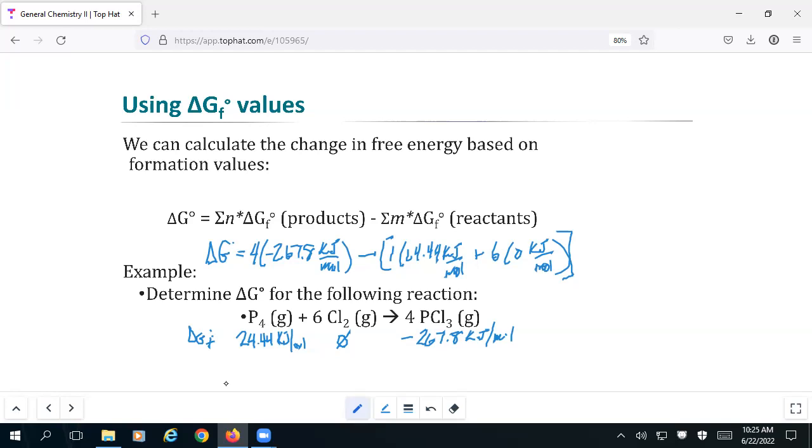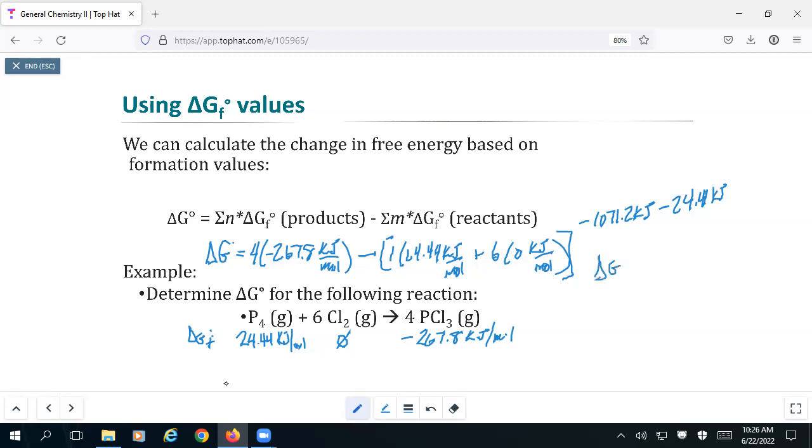Four times negative 267.8 is negative 1071.2 kilojoules, minus 24.44 kilojoules.